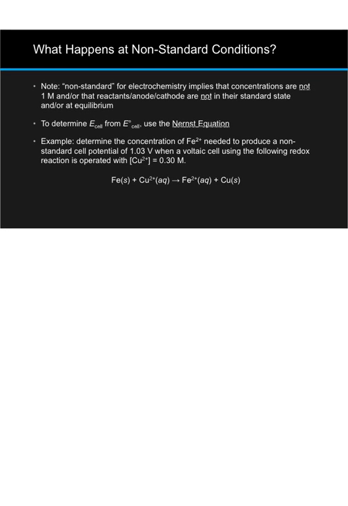A non-standard condition in the electrochemistry sense implies that concentrations aren't 1 molar, or that reactants or anodes or cathodes aren't in their standard state or at equilibrium. In order to determine the cell potential, just E cell, from a standard cell potential under ideal conditions or standard conditions, we use the Nernst equation.